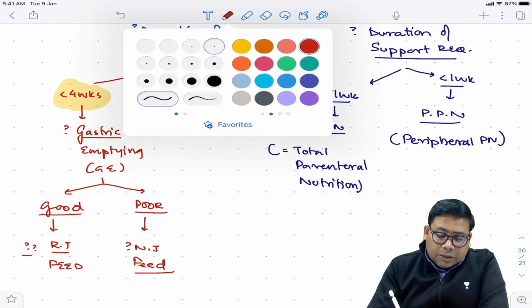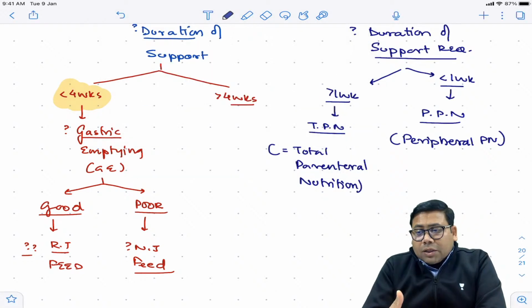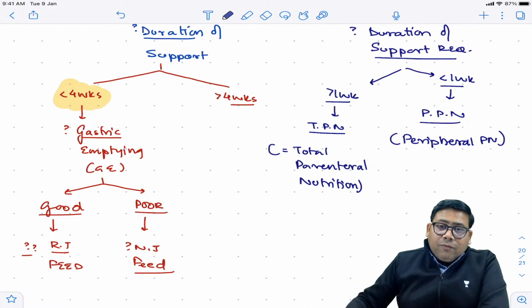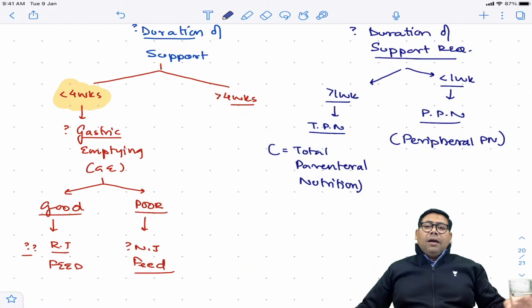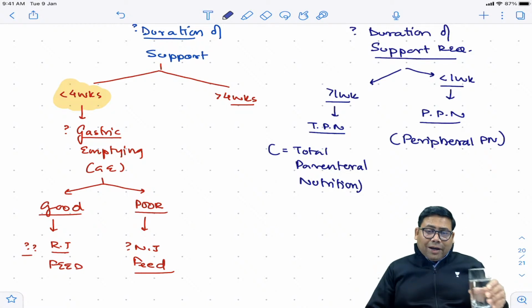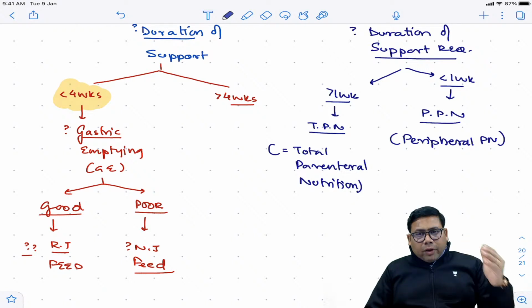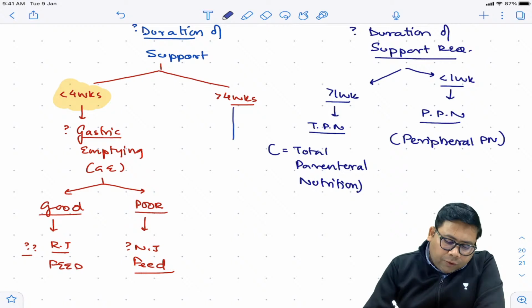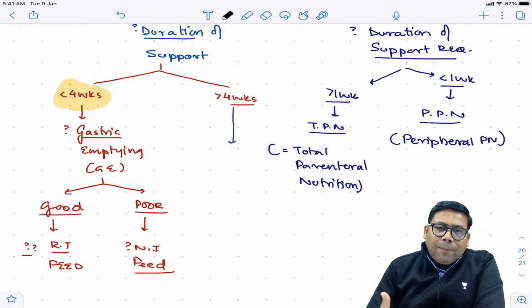Now, if the support is wanted for a long duration, this is very important. Long duration support. If you put a Ryle's tube for more than one month, there will be atrophy of the esophageal mucosa. Again, there might be fibrosis and adhesions with the Ryle's tube also. So if you require the support for a longer time, then you need something permanent. Not permanent, I would say temporarily permanent.